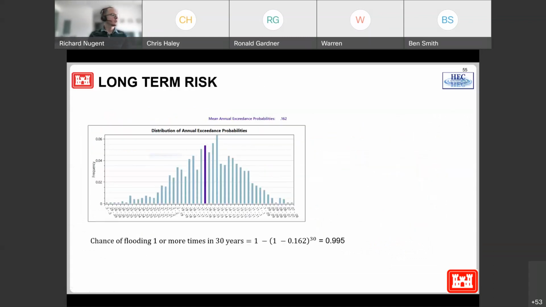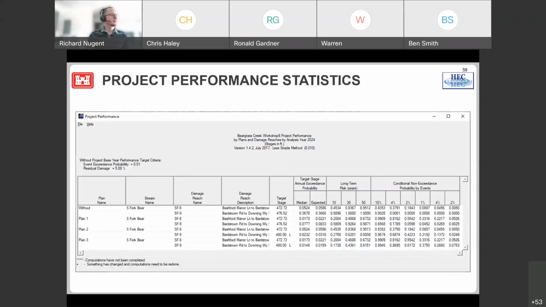Then in the report, we have mean AEP that's expected. We have median AEP. We have long-term risk for 10 years, 30 years, and 50 years. And then here, the third block of project performance statistics is conditional non-exceedance probability by events. That's assurance by events.